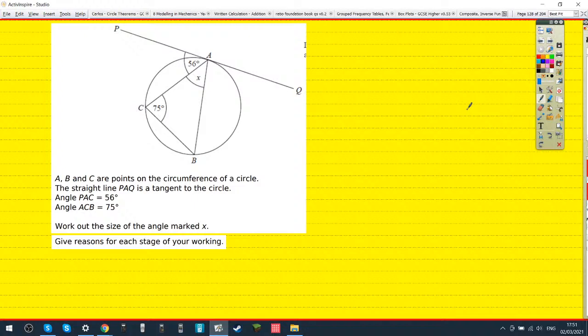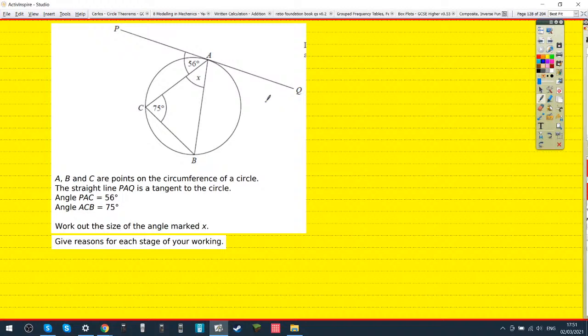Angle mark X. Is the other angle next to X 56 degrees as well?